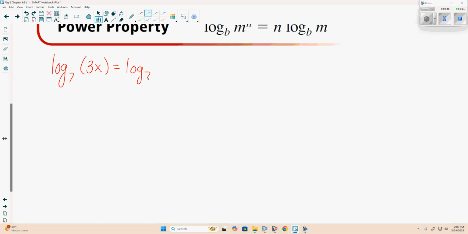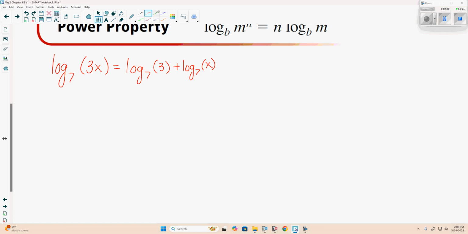So we'd say log base 7 of 3 plus log base 7 of x. Because our two terms being multiplied together inside the log are 3 and x, so we can rewrite it as log base 7 of 3 plus log base 7 of x. Questions on how this product property works?